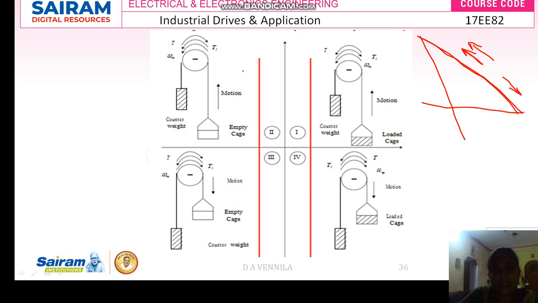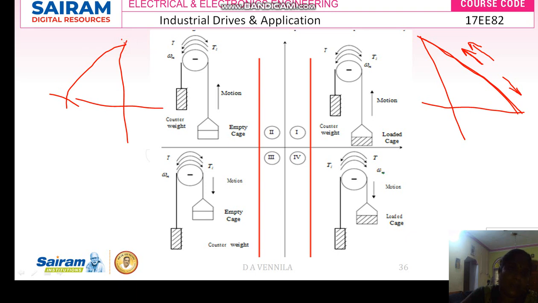In this condition, here it is an empty cage, and here also the same thing. See here your load torque will be like this, downhill. So the car is moving from up to down. This is nothing but downhill.